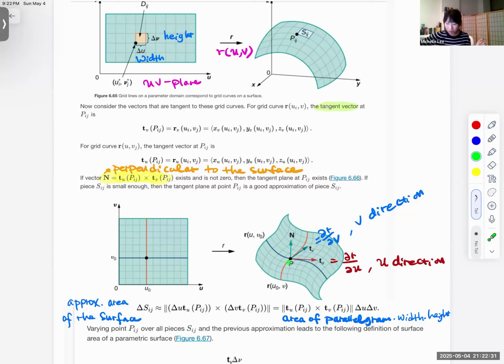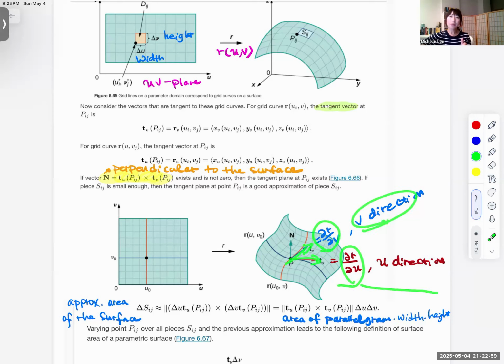Okay, now we have a tangent vector. So basically we know the tangent vector just touches the surface, right? So from this point, we have a tangent vector this way, and we have a tangent vector that way, yeah? So there is a partial derivative with respect to the u direction, and that way we have a partial derivative with respect to the v direction, yeah?